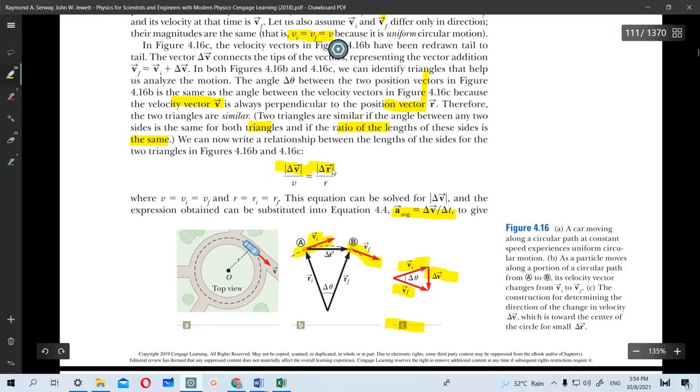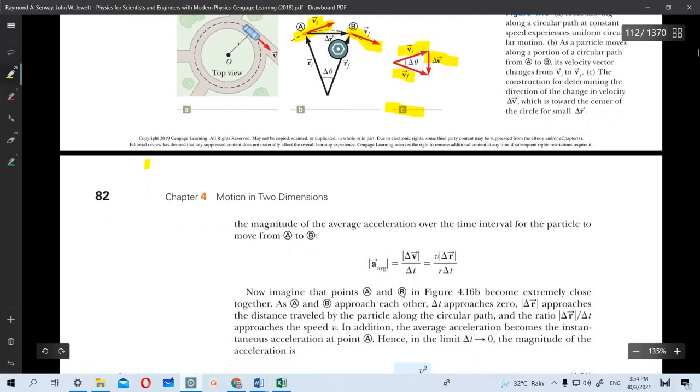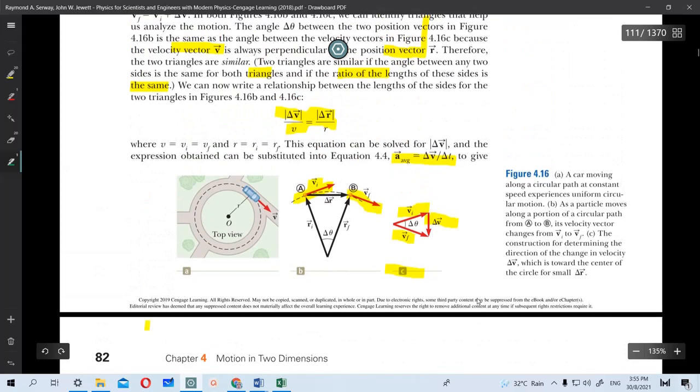Now, this correlation will be used to get the centripetal acceleration. How? By considering that acceleration is delta v over the time interval. So the expression earlier, we are going to divide by time.